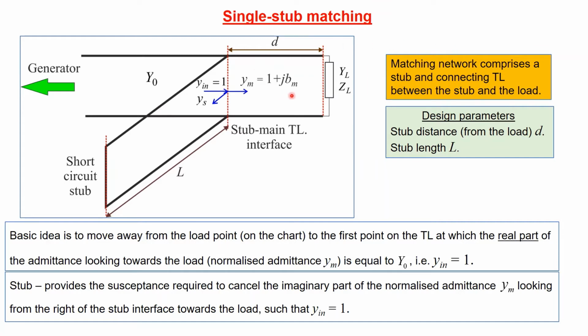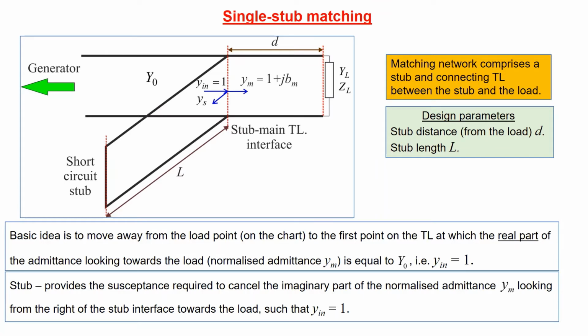So the essential matching network here is this short circuit stub, and also the connecting length of transmission line between the stub and the load itself. And we have two design parameters, stub distance from the load and the stub length.